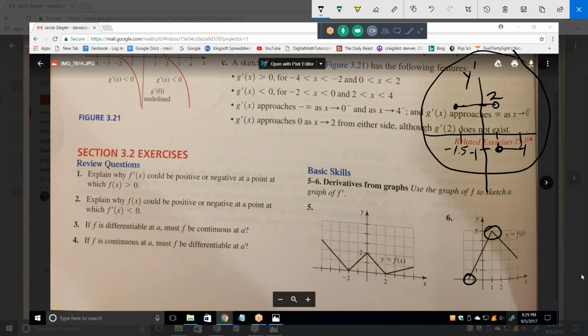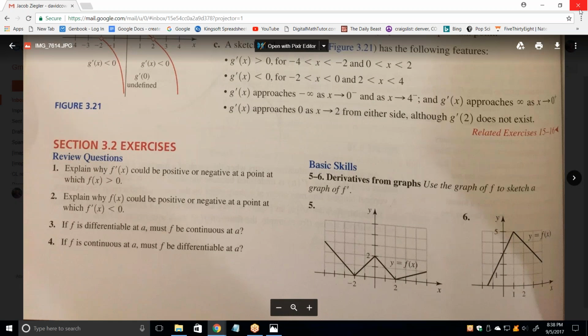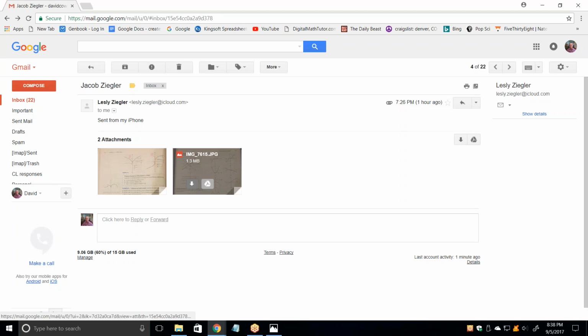In other words, we went from the original function to the derivative function. It was pretty easy. You had to read the slopes. Going from the derivative function back to the original, that's a lot trickier. All right, let's see. I guess that takes care of this page, doesn't it? Mm-hmm. All right, let's look at the next page here.